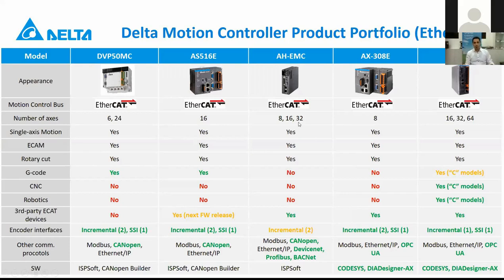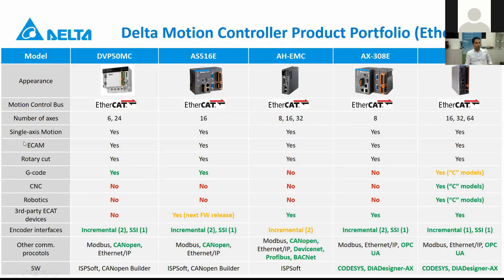It is the first separation. Here you can see AS516 supports up to 16 axes. AX308 will support up to 8. For AX8 there are 3 submodels which support 16, 32, 64.